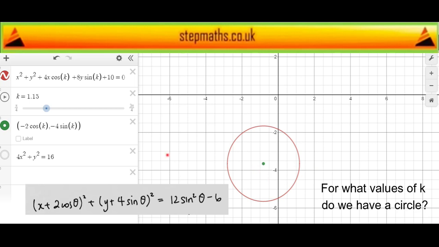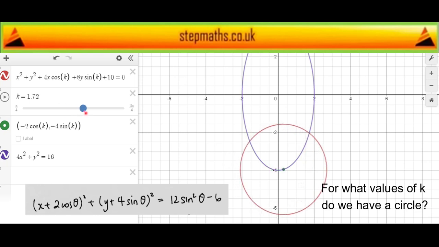Because if we put in the ellipse 4x squared plus y squared equals 16, and vary k, you'll see the centre of the circle moves along the ellipse. And this isn't too unexpected with all the trigonometry and sine and cosine functions going on. And you can get to this algebraically by substituting in minus 2 cos k, minus 4 sin k into this, and you'll see it is always a point on this ellipse.